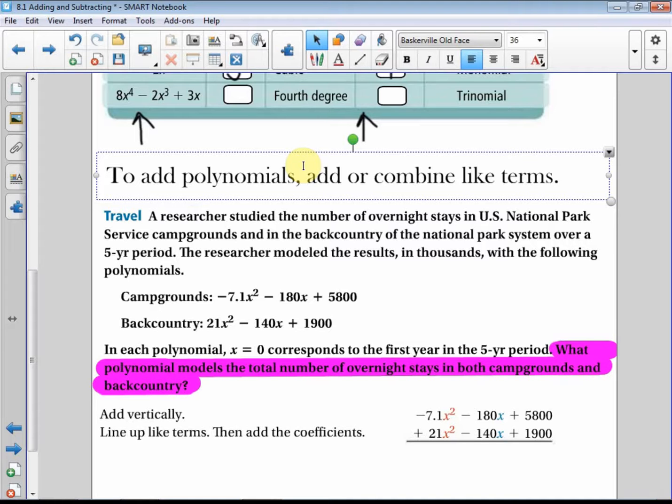A researcher studied the number of overnight stays in U.S. National Park Service campgrounds and in the back country of the National Park System over a 5-year period. The researcher modeled the results in thousands with the following polynomials.